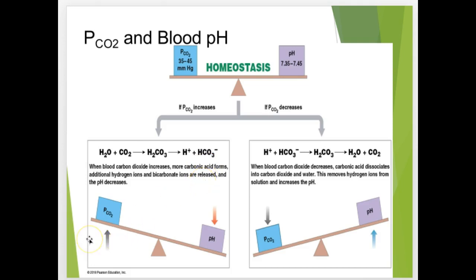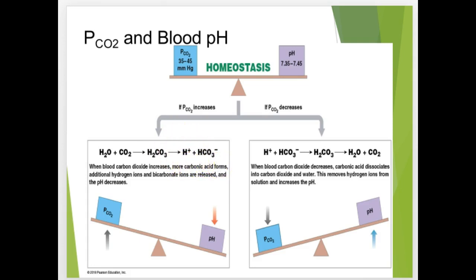So this therefore means as you have more CO2 present in your body, you're more acidic. Your pH drops. Follow this equation here, and if this increases, you're going to push the equation toward the right and create more hydrogen ions.